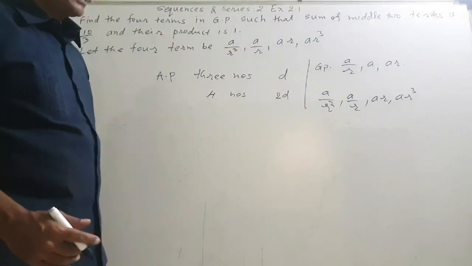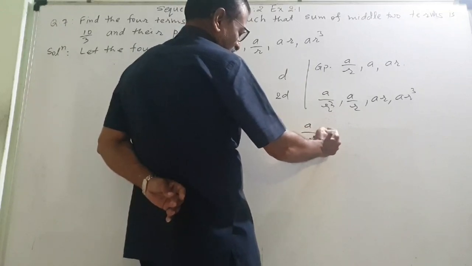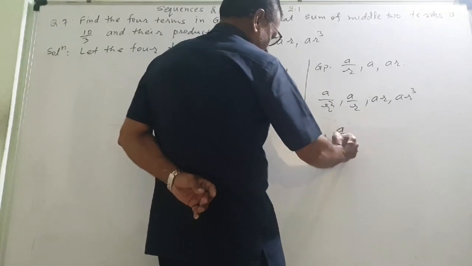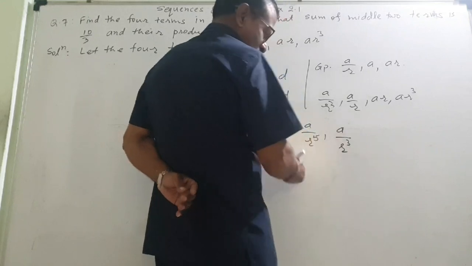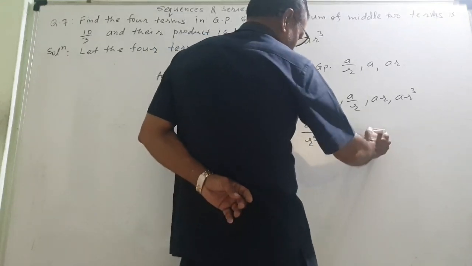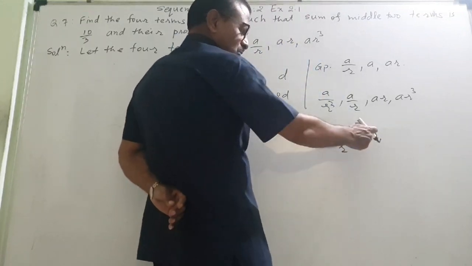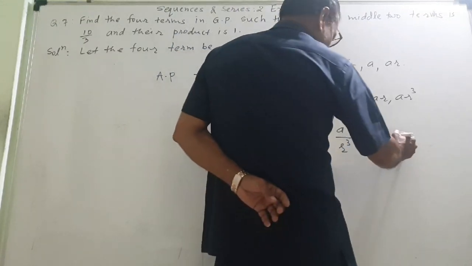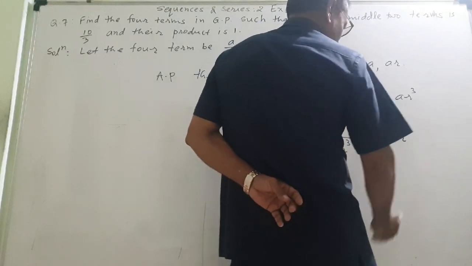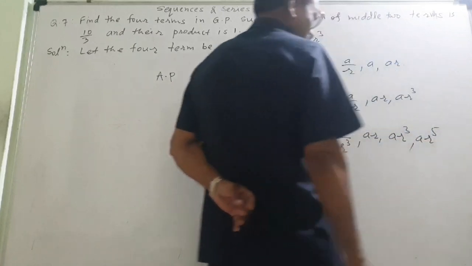If there are 6 numbers, then it will be a upon r raised to 5, a upon r raised to 3, a upon r, because ratio will be r square. Then ar, ar raised to 3, and the last will be ar raised to 5.